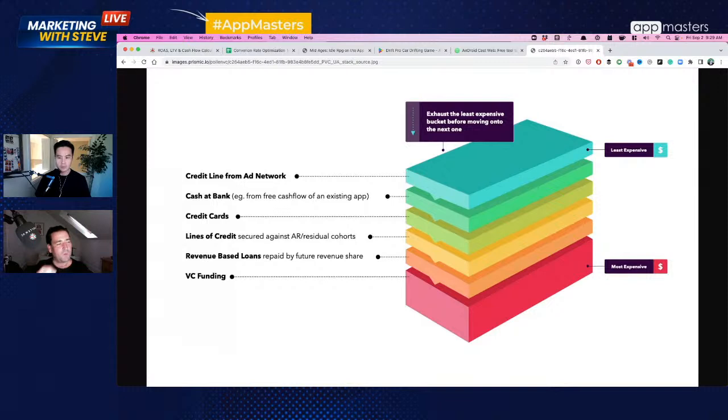And the other thing we've more recently introduced is what we call the cohort residuals. So if you press stop on all user acquisition just now, how much long tail value is left in your existing users? What's the predicted expected value of those? And that's where you can borrow. The real thing is, these events have already happened, right?